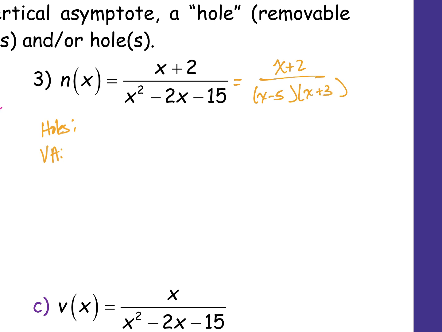So there are no holes, none, because I can't simplify it. It's as simplified as it's going to get, right? And then I should have vertical asymptotes at whatever's going to make my denominator 0. So that's x minus 5 equals 0 and x plus 3 equals 0. So x equals positive 5 and x equals -3.